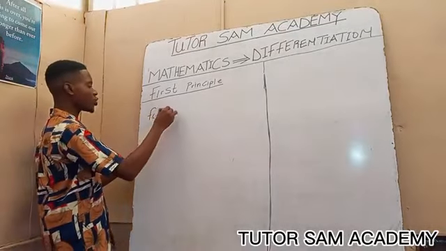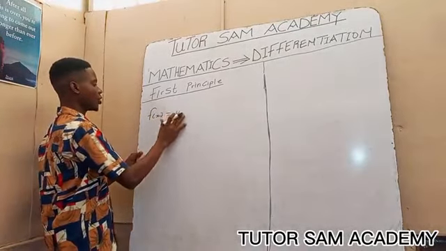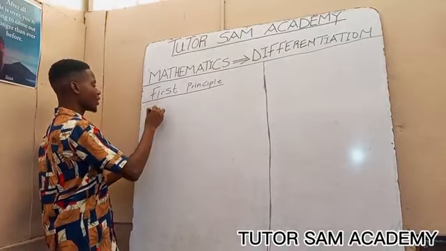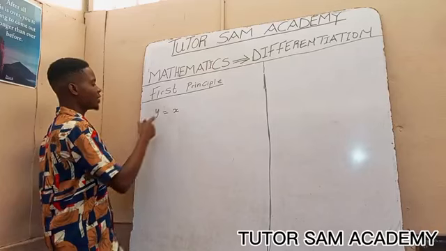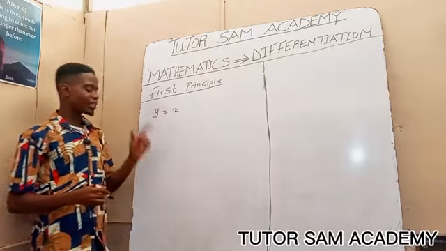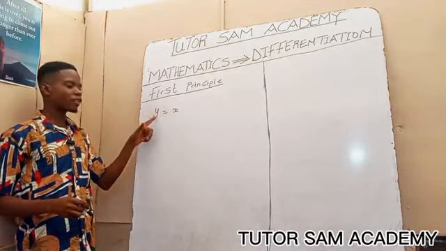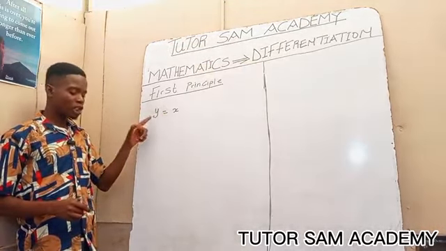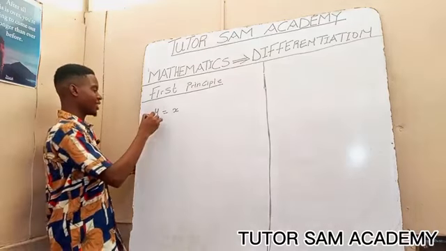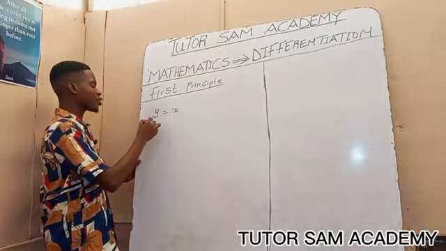If the function is y, let's say we have y equal to x. If this is a function, the derivative of this function is the gradient of this function, or the rate of change of y with respect to x.